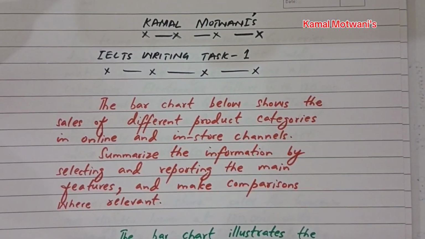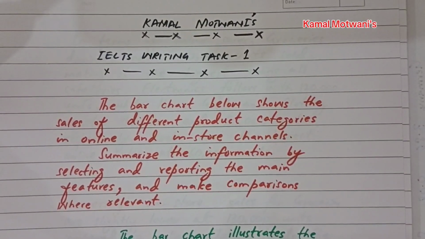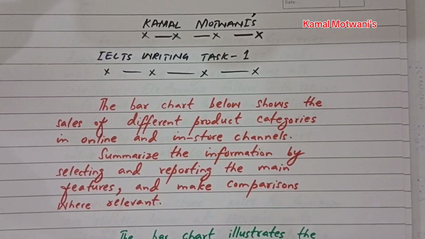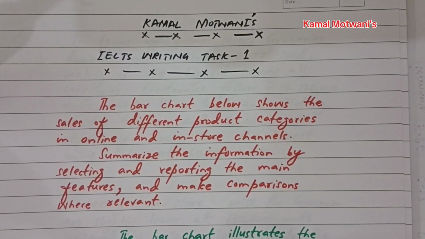First we have to write the introduction. The easiest way of writing an introduction, which I have already discussed in previous videos, is that we have to rephrase the statement given by the examiner. So how to rephrase? We can use synonyms and easily paraphrase the statement.